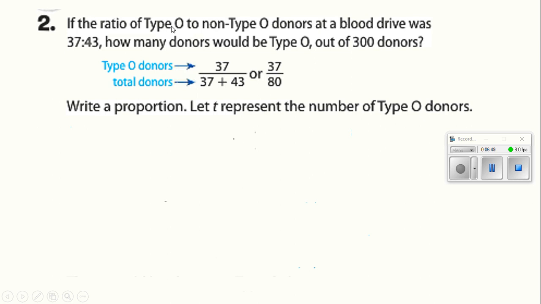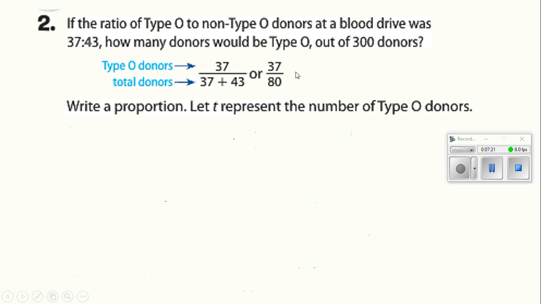They're saying there's 37 O-type donors and 43 non-type O donors, which means we have to find out, just like if we had a pizza and it said 3/4, so it'd be 4 pieces of pizza, and we're talking about 3 of the 4. Well, in this case, we have 37 O donors, and we have to see how many total donors there are. Well, that's 37 plus 43, and that's going to give us 80. So our first fraction is going to be 37 over 80.